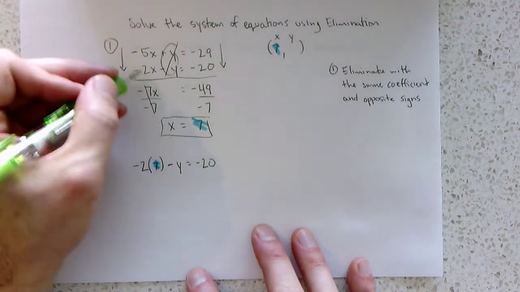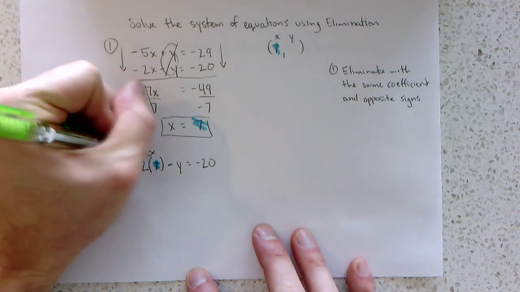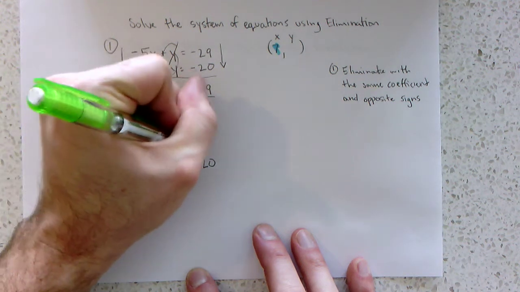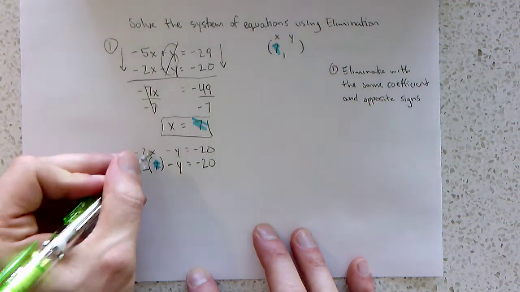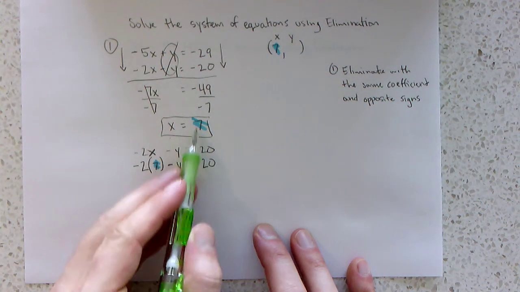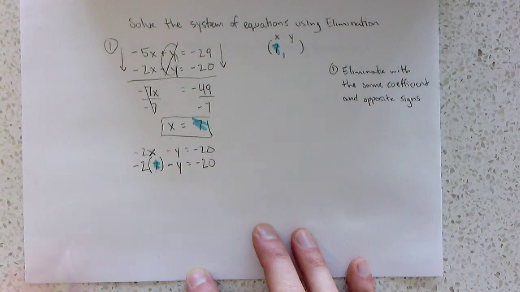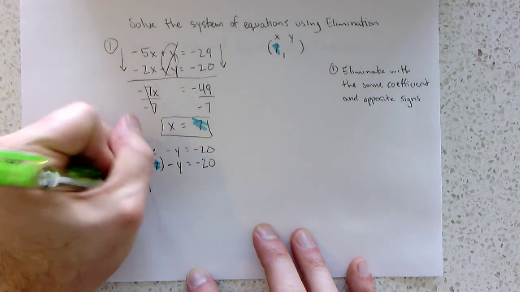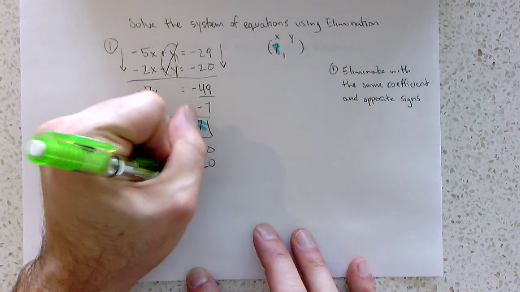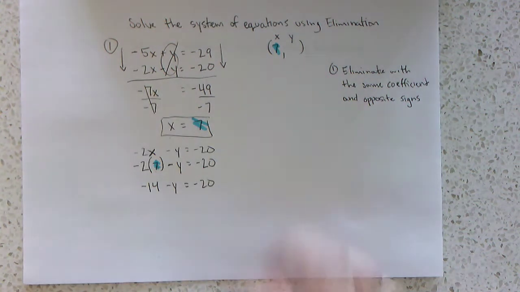So again, I just took this second equation. So I had negative 2x minus y equals negative 20. And I replaced this x with my 7. So now I have negative 14 minus y equals negative 20.